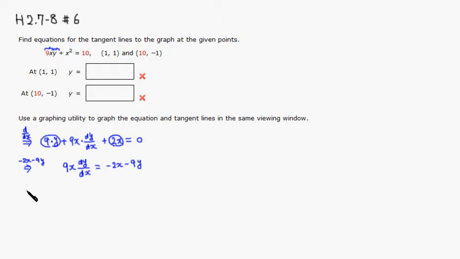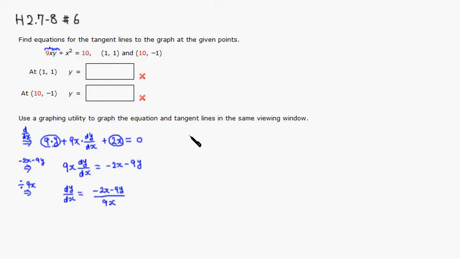Then we divide through by 9x to isolate dy over dx by itself. So it's negative 2x minus 9y all over 9x. That's the derivative.